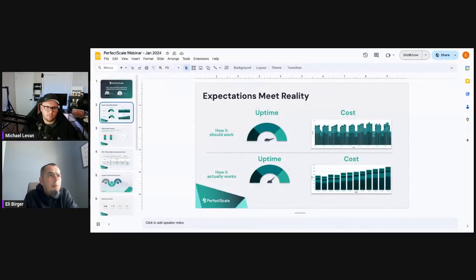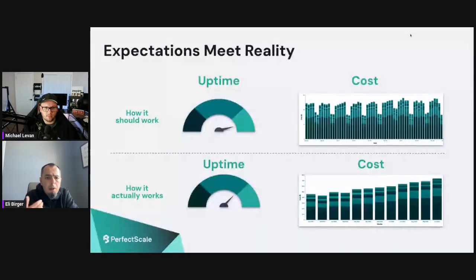this is actually coming from my personal experience. When I built a few of my first Kubernetes clusters, I implemented the cluster autoscaler and the HPA, and I expected very good uptime. I expected my cost to fluctuate together with the load.